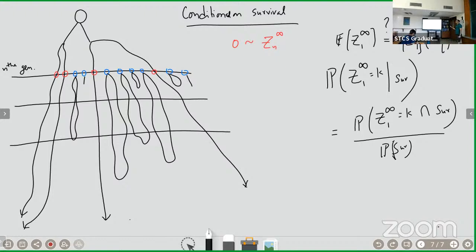Survival given... Did that tell you any extra information? We are taking the intersection of the event Z1 equal to K with survival. Given that I'm surviving, what? But survival given Z1 equal to K times Z1. Do I get any extra information? All the previous. Z1 equal to that.